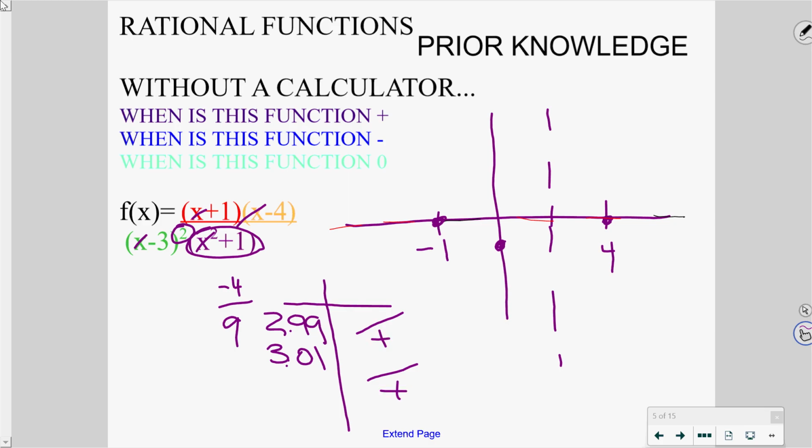So look to see if something's not going to matter what we're plugging in. All right, 2.99, Enzo, positive or negative? Negative. So on the left-hand side, it's going down. How about 3.01? Negative again. So on the right-hand side, it's also going down.